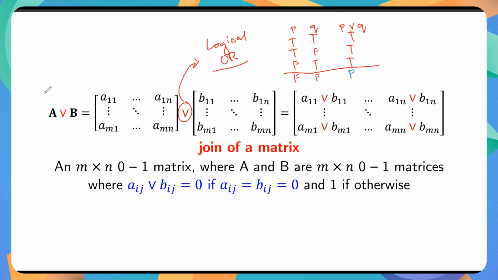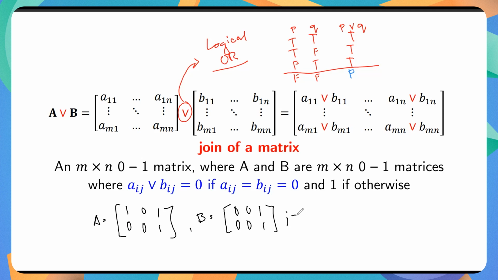So how do you then apply that? Let's say we have a matrix A, and then we have another matrix B. If we apply the OR join of a matrix, what we get here is the following. 1 or 0 is 1, 0 or 0 is 0.